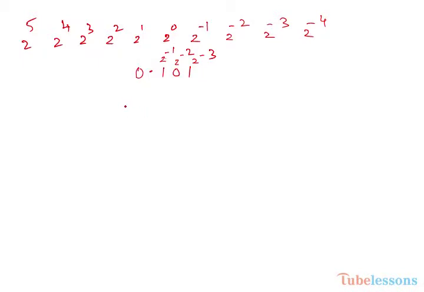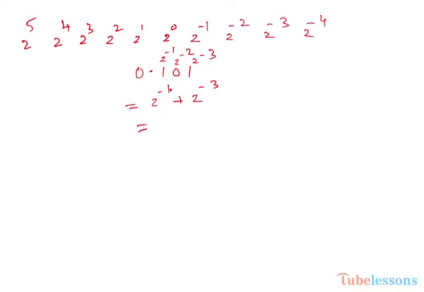So now 1 times 2 to the power minus 1, plus 0 times 2 to the power minus 2, that will be 0, and then 1 times 2 to the power minus 3, that will be 2 to the power minus 3.